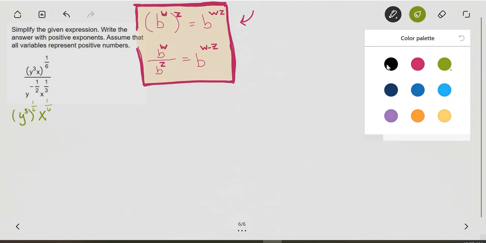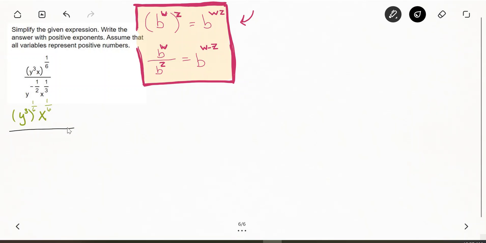And that's all over this y to the negative 1/2 x to the 1/3. So simplifying that green numerator, we're going to multiply 3 times 1/6.